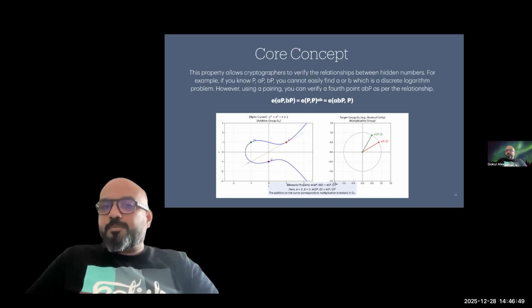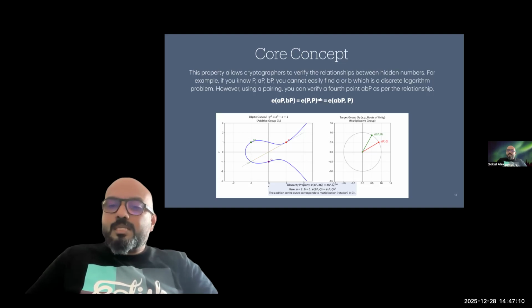The elliptic curve pairing of the points AP and BP is equal to the pairing with the exponent, which is equal to another point, E(ABP, P).